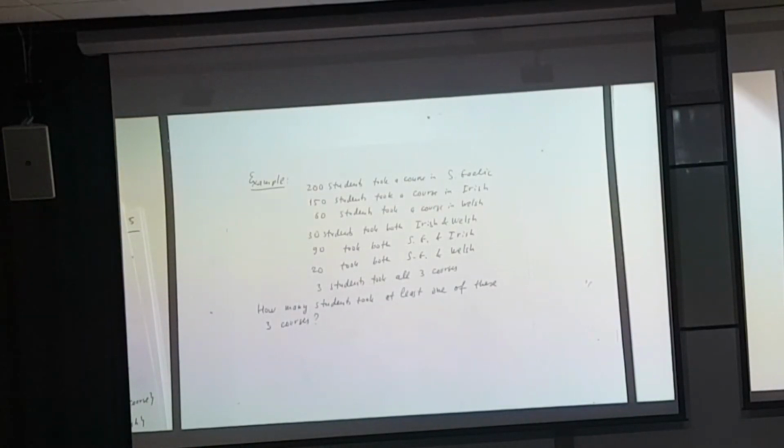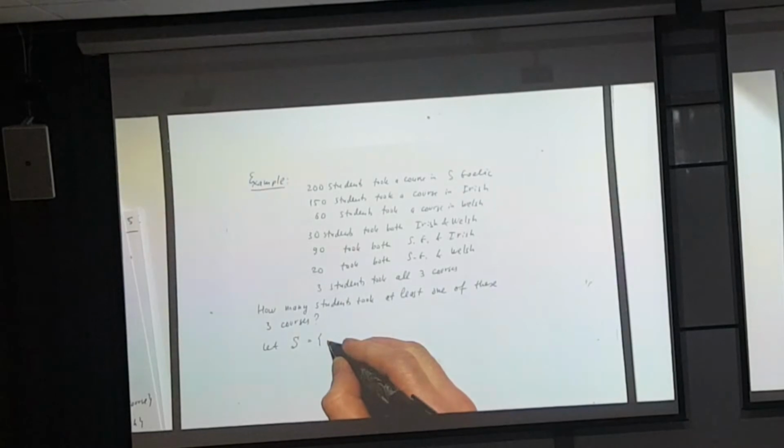the students. So first we need to formalize these and introduce the 3 sets with which we will be working. And we'll introduce some notation. So let capital S stand for the set of all students who took the Scottish Gaelic course.